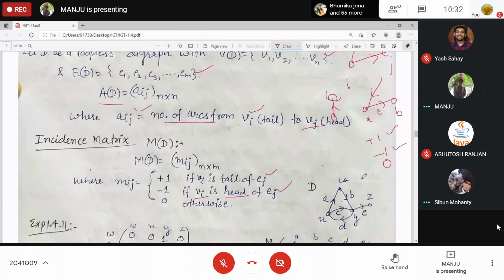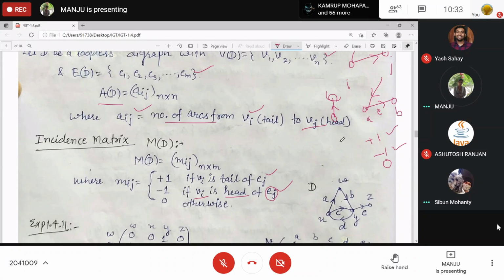No. That is corresponding to Vi. The particular edge EJ will be either the head of that vertex or the tail of that vertex, right? If EJ is the tail of that vertex, then we write +1. If it is the head of the vertex, then we write -1.